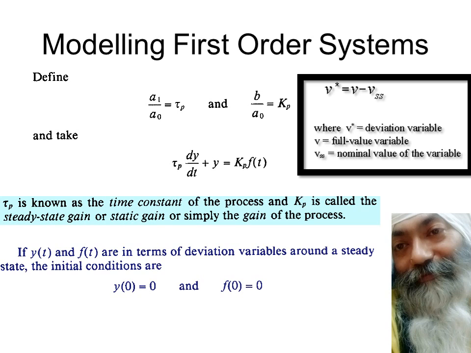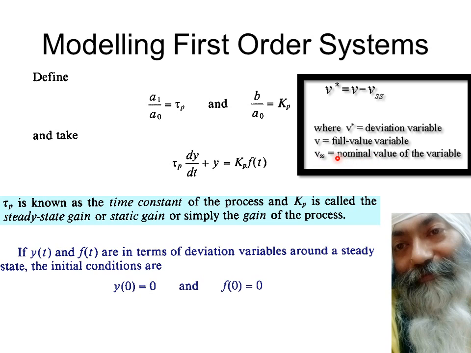This is what I'm going to show you here. Why do we take it in terms of deviation variables? Why not simply, let us say we call it v, or whatsoever you may call it, v is the full value variable and vss is the nominal value of the variable.